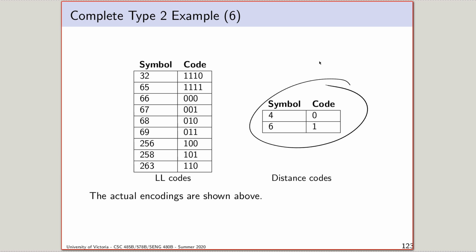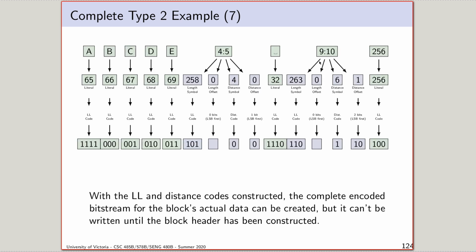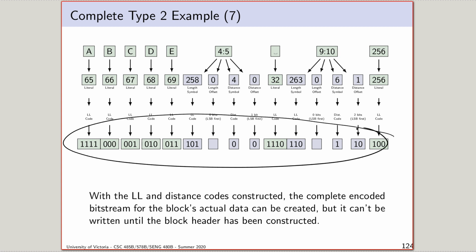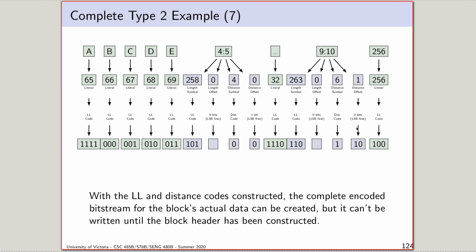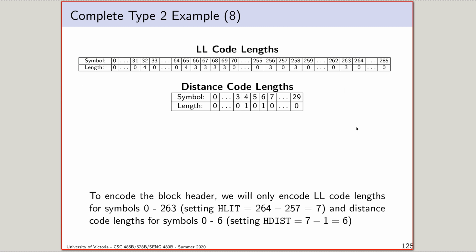Great. I have enough information now to actually encode the data, but I'm not ready to do that yet. Before I put any of my encoded data in my block, I need to first encode the block header. And so now here we are going back down the rabbit hole with that. Okay, so the first thing I notice is I don't have to encode every entry of these tables. I have the option of cutting off the tables before a run of zeros at the end.